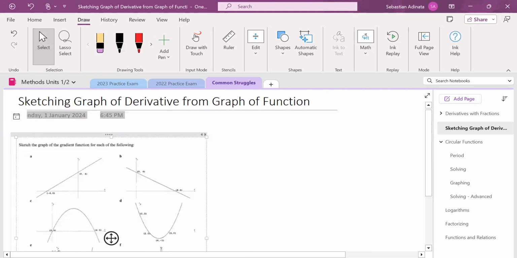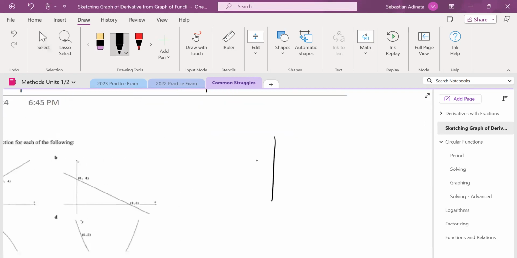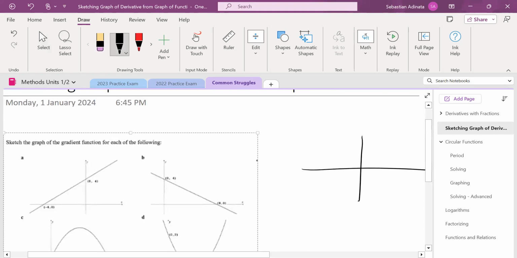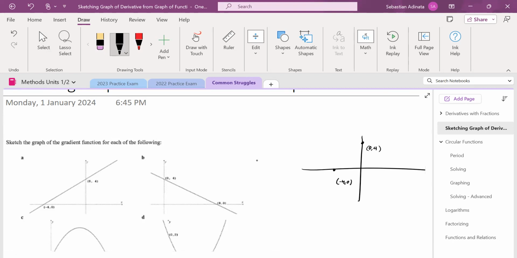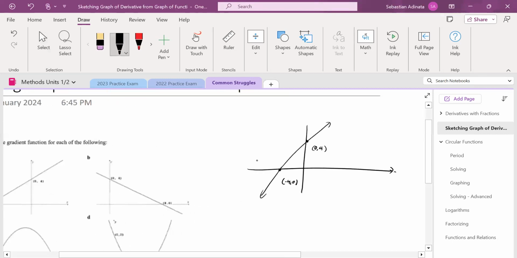So let's redraw this graph over here. 0 to 4 and -4 to 0. And it's supposed to look straight.